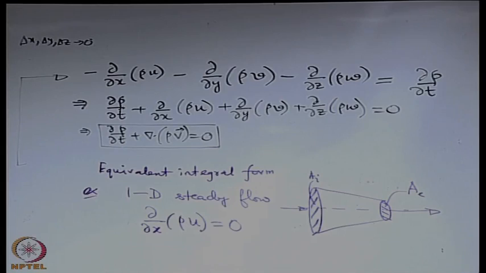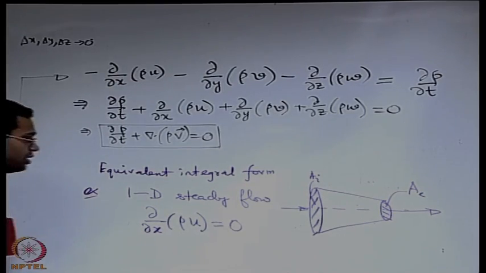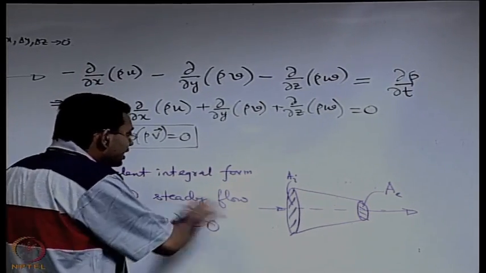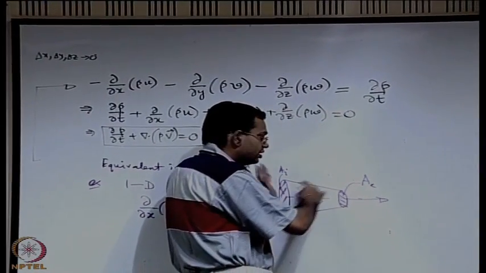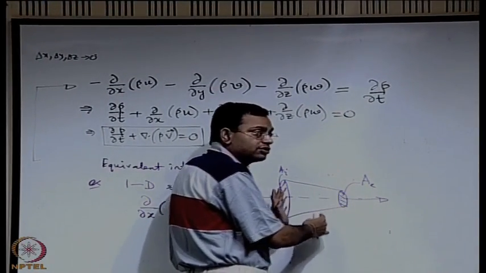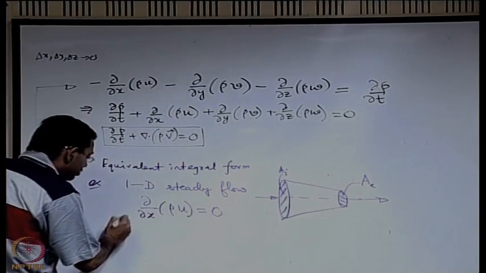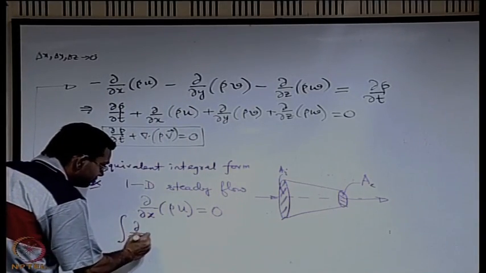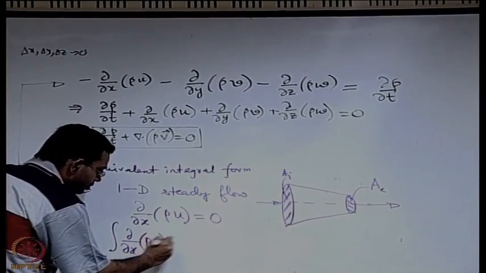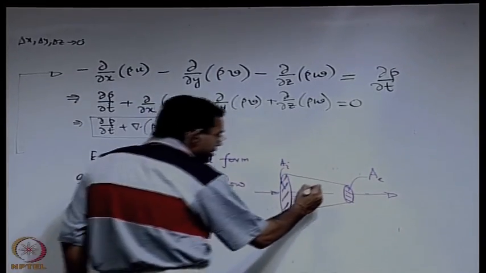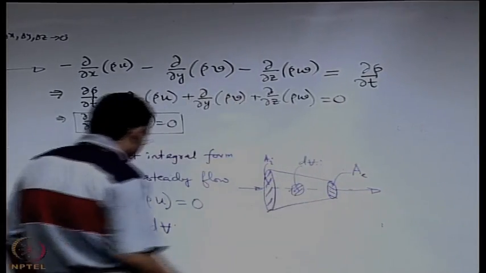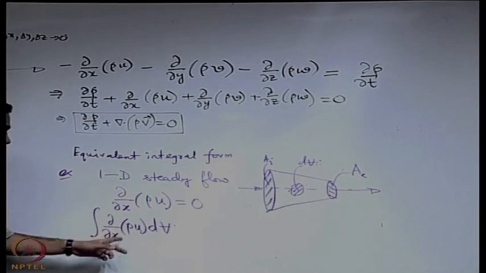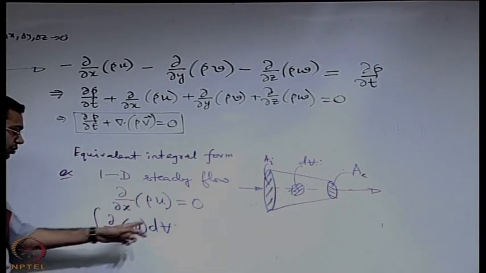Now what we will do is we will try to integrate this over the entire volume of the nozzle. So we have a small volume element, say dV. Why do we require a small volume element?